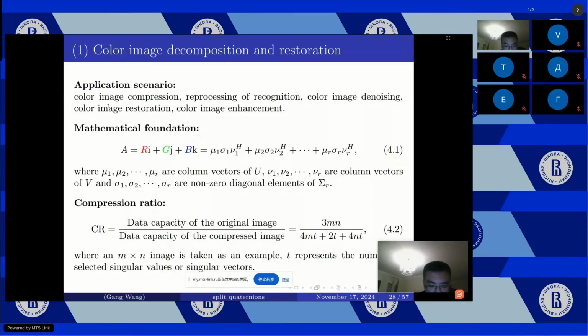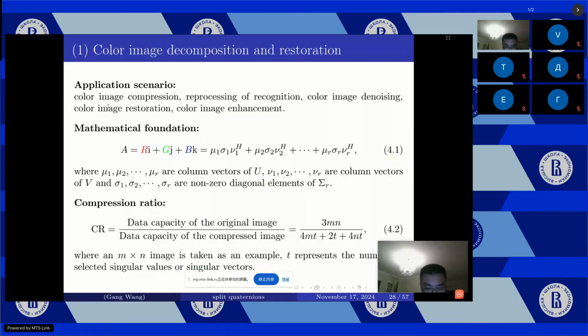Next, we introduce color image processing algorithms, starting with the decomposition and restoration of color images, which can also be referred to as color image compression and restoration. In this formula, a color image A is represented using the color channels R, G, and B combined with bases i, j, and k, respectively.